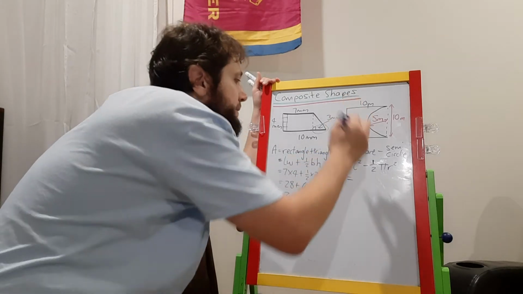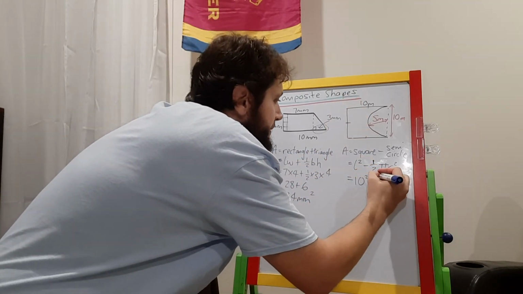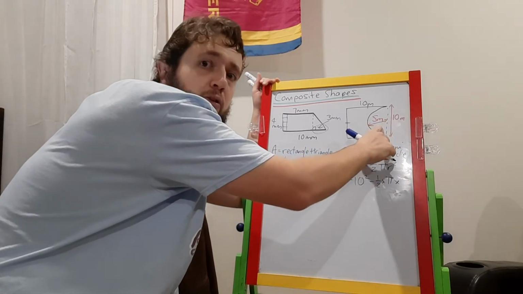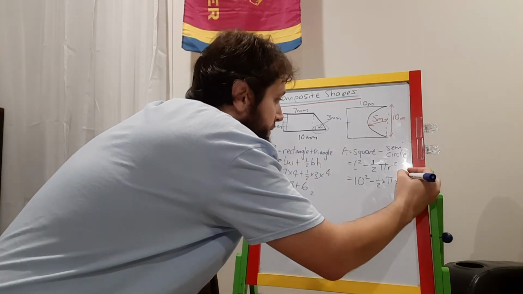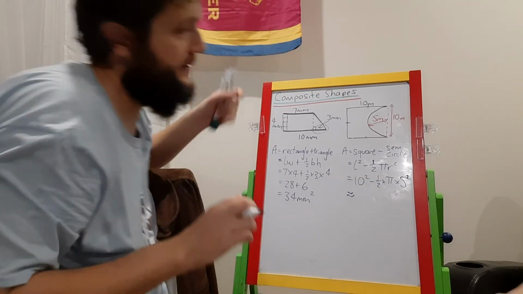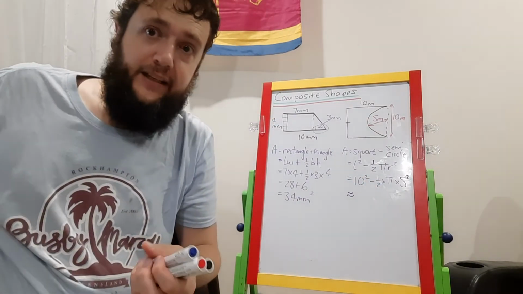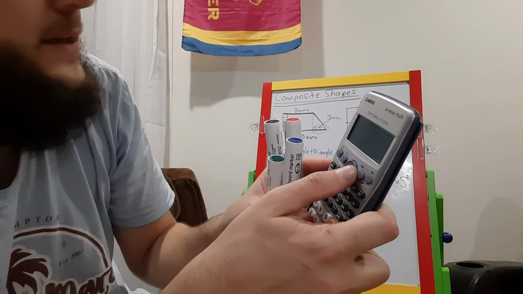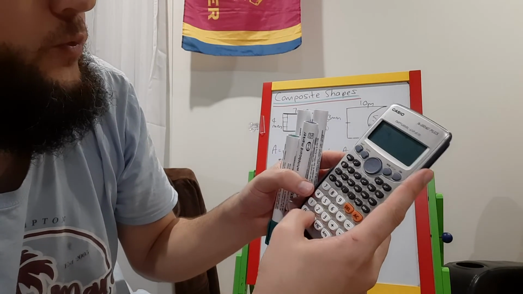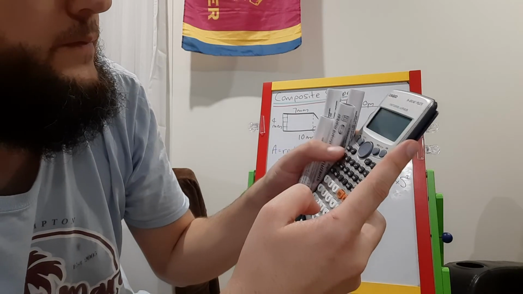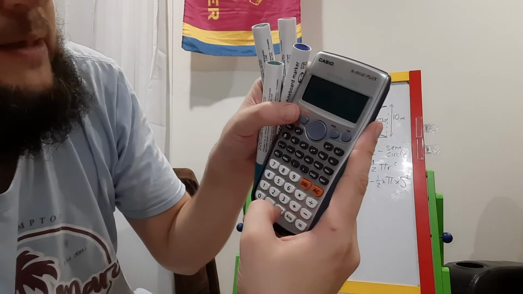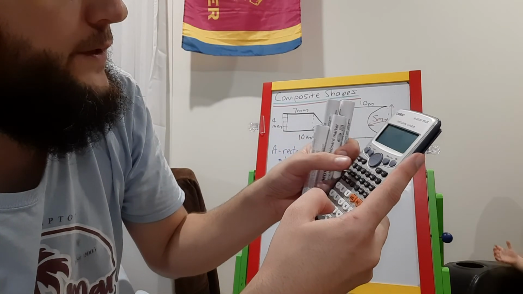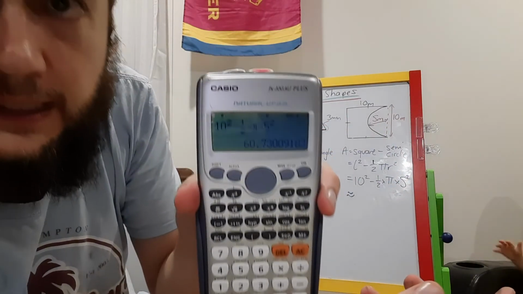So let's go ahead. The length of the square was 10, so we're going to get 10 squared, subtract 1/2 times pi times the radius of our circle. Radius was 5. So that looks all rather hideous, but we're going to just throw it in the calculator. So I put the calculator on, I go 10 squared, take away 1/2 times pi, remember to use the proper pi button in your calculator because it's more accurate, times 5 squared, and that's what I get.